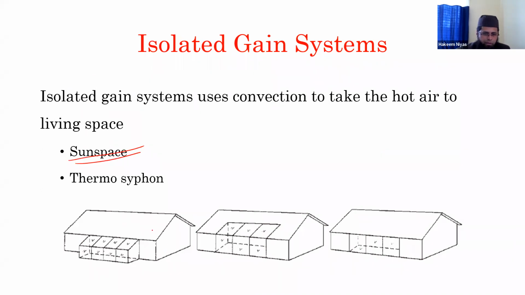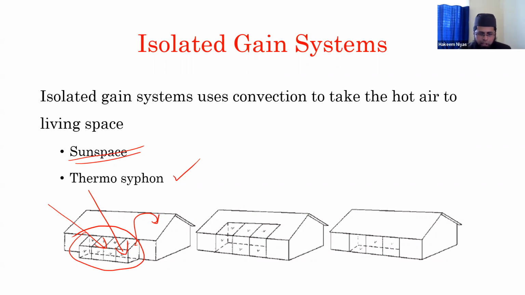So this is the house, and we have a mirror or glass house, something like that, so that it takes the heat from the sun, and that will be circulated using the thermosiphonic effect, the natural convection effect. It can be circulated to the entire building.